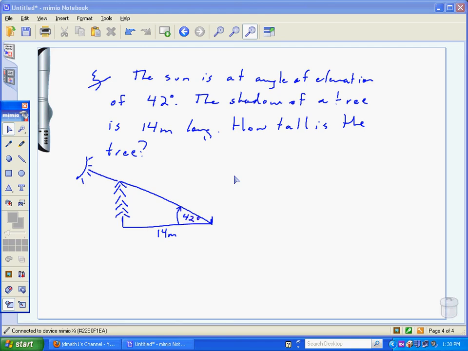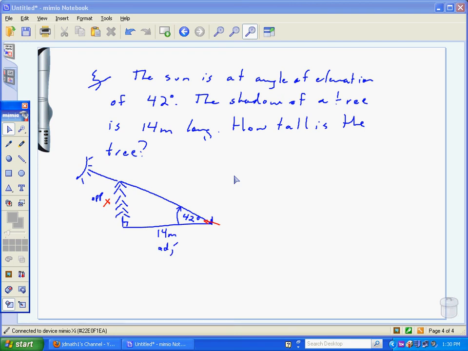Now I can figure out what I can use to find how tall the tree is. I drew my picture and labeled it. I can't use Pythagoras because I don't know the hypotenuse, since all these triangles are right triangles. I could use the 180 rule, but that's not going to help us find the height of the tree. But with trig ratios, if I name my sides from this 42 degree angle, the important angle, this x is my opposite and the 14 is my adjacent.